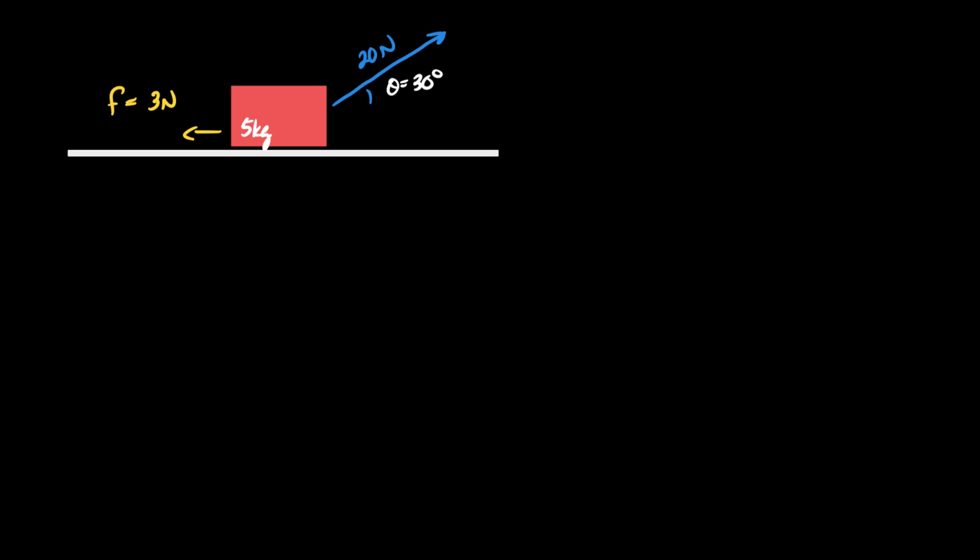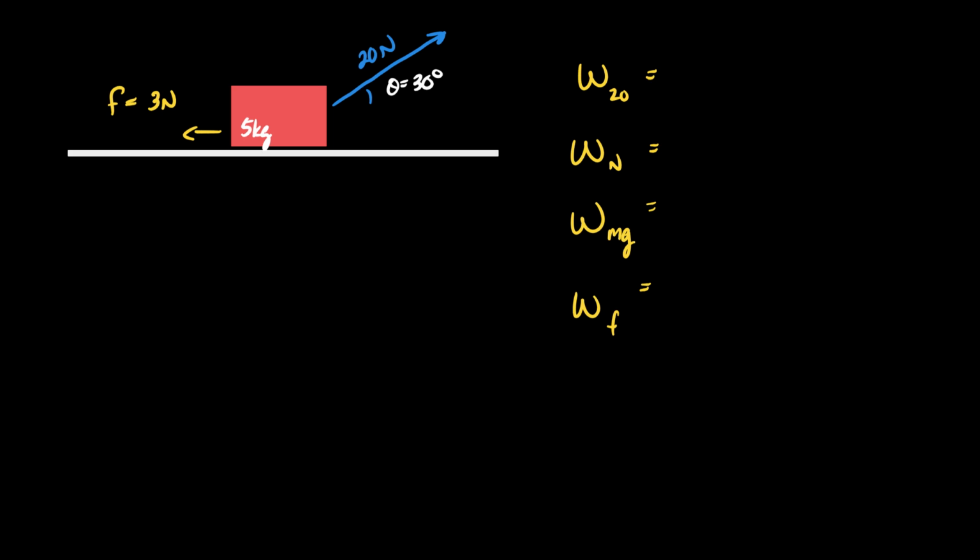There are 4 forces acting on the box. We know we have work that's being done by the 20 Newton force, work that's being done by the normal force, work that's being done by the weight, and work that's being done by friction. Let's calculate how much work is done by each of the forces on the box.